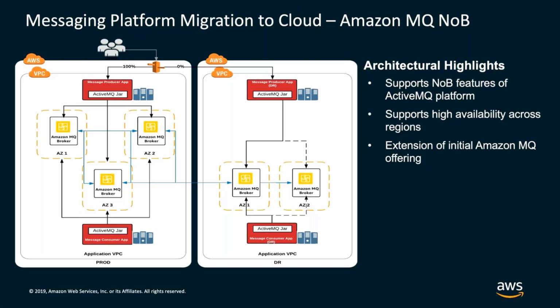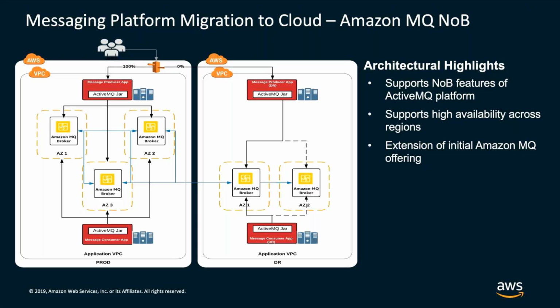So that's the benefit of networks of brokers. It gives you a better level of high availability, and it's an extension of Amazon MQ's default offering, and it's one of the ActiveMQ features.